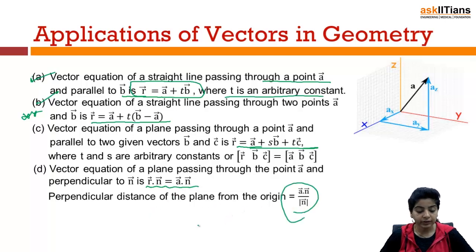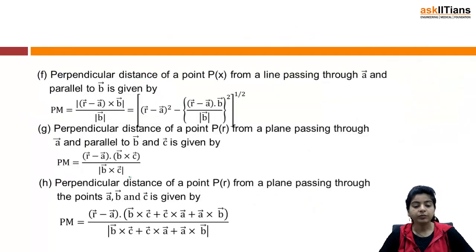Next property says the perpendicular distance of a point P(R) from a line passing through A and parallel to B is given by this formula, that is PM is magnitude of (R minus A) cross B by magnitude of B, which can also be expressed as this.